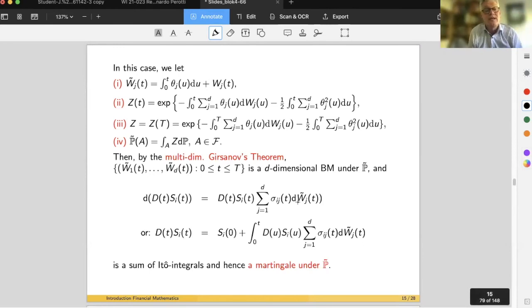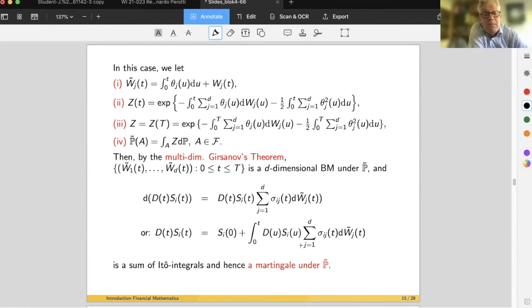So if we look at it in integral form, it says the discounted i-th price process, D(t) S i(t), is equal to S i(0), because D(0) is equal to 1, plus the integral from 0 to t, D(u) S i(u), the sum j runs from 1 to d, sigma i j(u), dW tilde j(u).